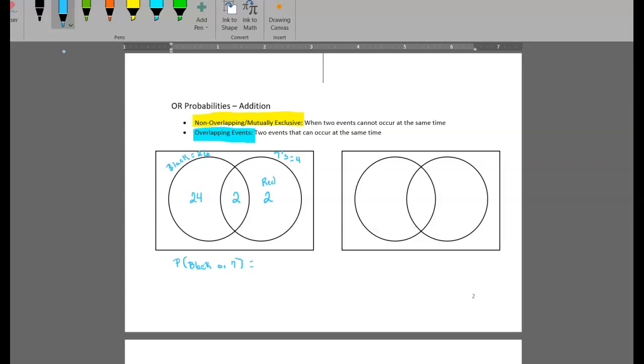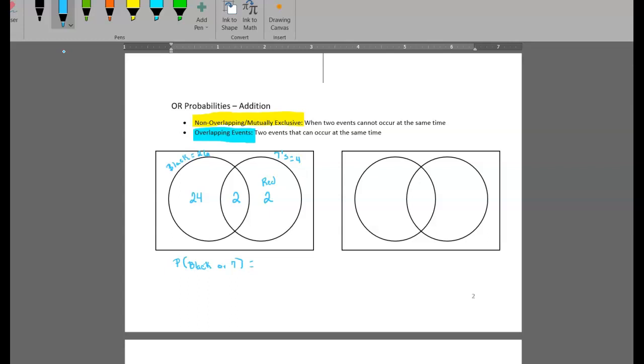So we want to know what's the probability of a black card or a 7. So we have 26 black cards or a 7. We have 4 7s, but we overlapped or double counted this 2. So we could think of this in 2 different ways.